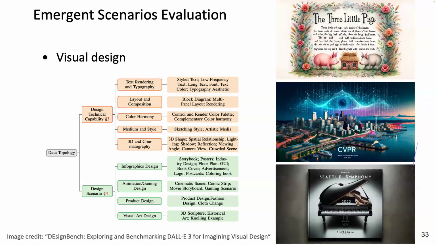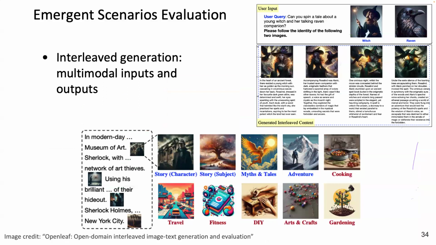So in this work, from the perspective of visual design, they comprehensively design different evaluation categories as well as prompts corresponding to the application scenarios and the techniques used for those emergent scenarios.